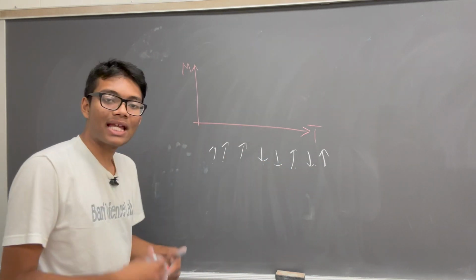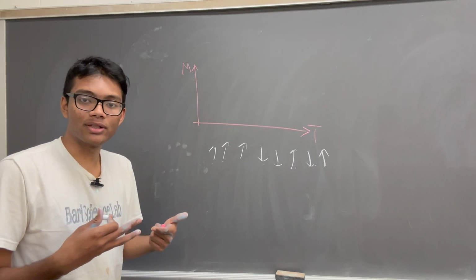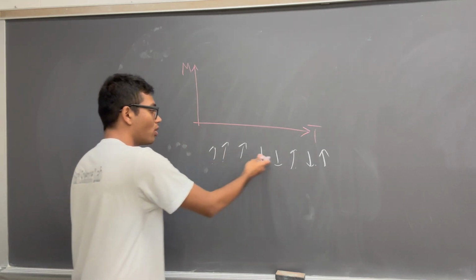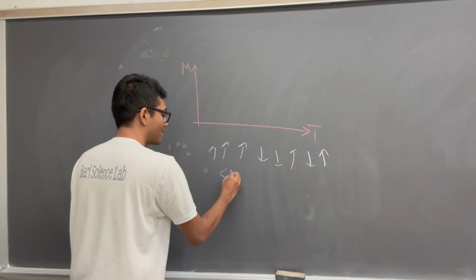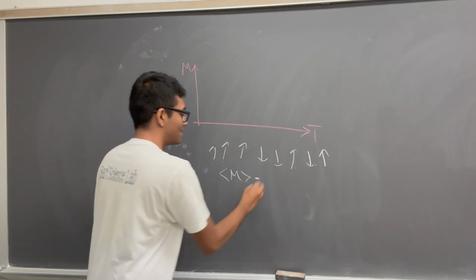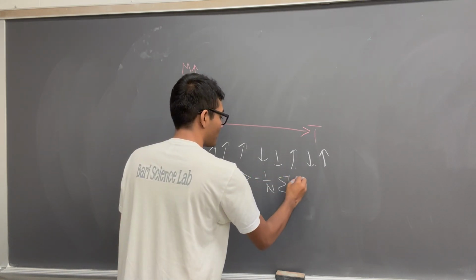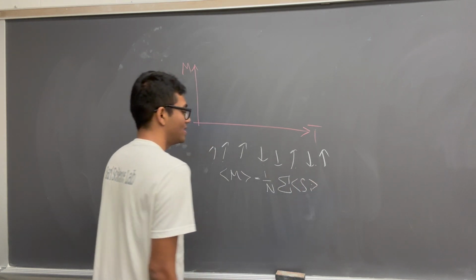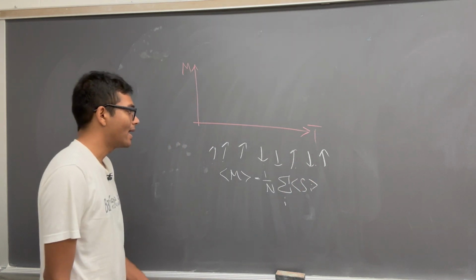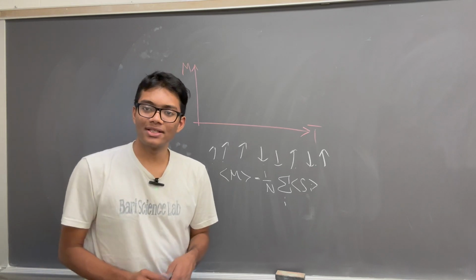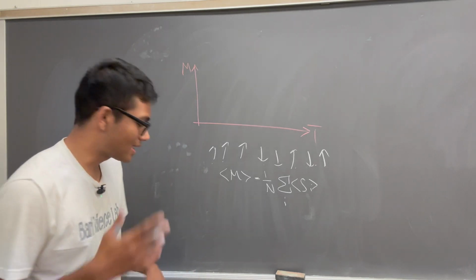All of these atoms, they have a net magnetic moment, right? If you add up all of their spins. And so the average magnetization, M, is defined something like 1 over n times the spin of each one of these atoms, okay?